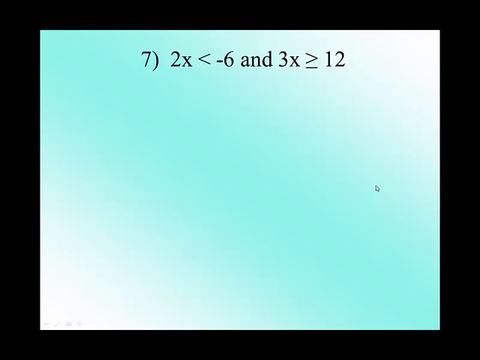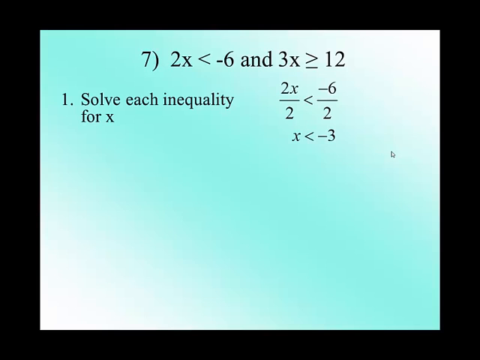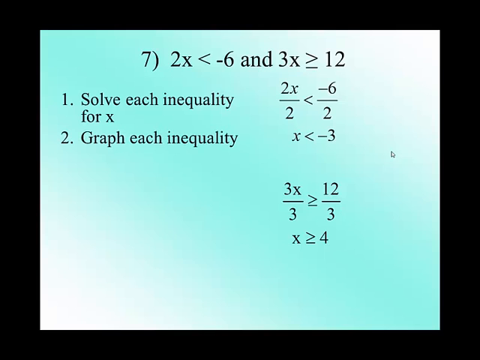Let's look at now solving. In this case, the x's are not by themselves, so we have to first solve this compound inequality. So when we do that on the left side, we divide by 2, we get x is less than negative 3. For the piece on the right, we divide by 3 on each side, and we get that x is greater than or equal to 4. We will graph the two inequalities.